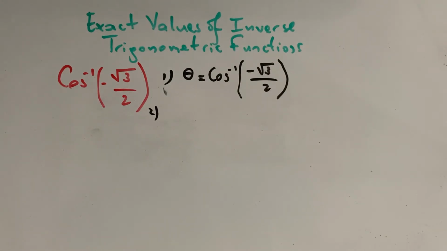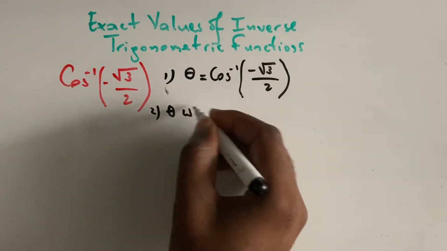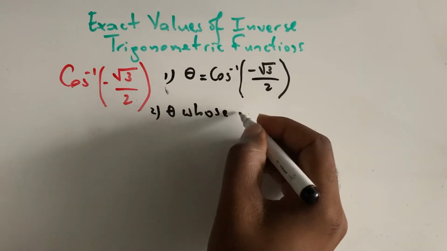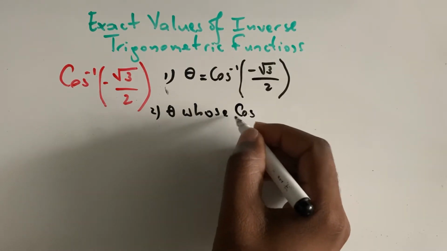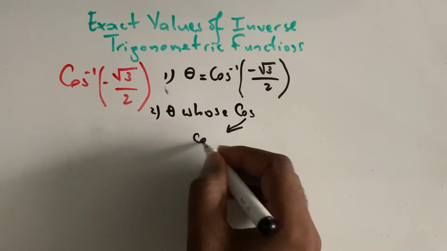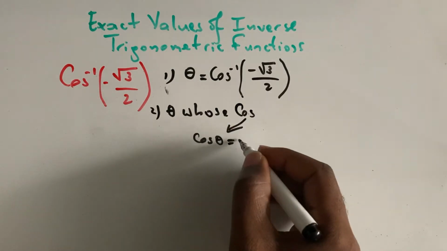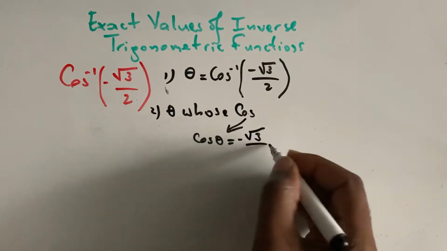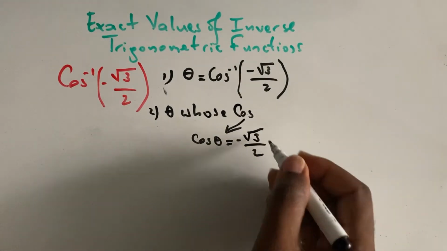So you need an angle theta whose cosine is negative square root of 3 over 2. That's what you're trying to get.